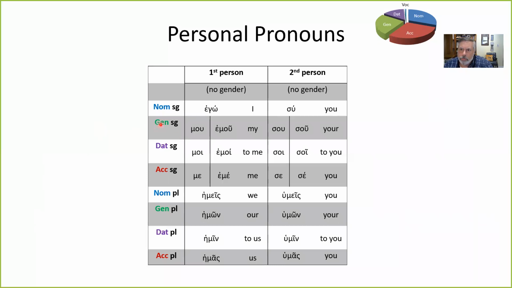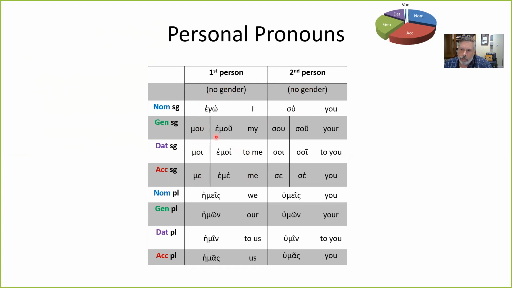And so we went over last week the personal pronouns for first and second. Again, there's no gender. There's no masculine, feminine, or neuter for first and second. There is for third. And the nominative case, functioning as a subject for the first person, ego, meaning I, or su, meaning you. And then we looked at the singular, genitive, dative, and accusative, mou, moi, me, meaning my, or to me, or me.